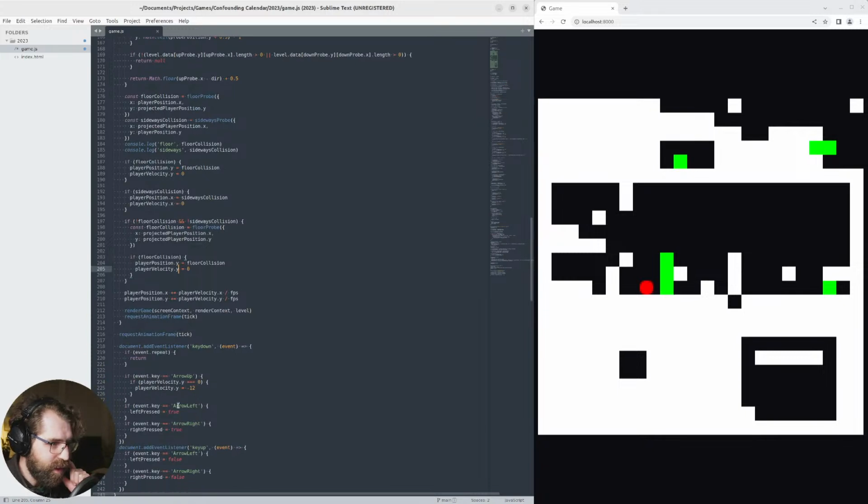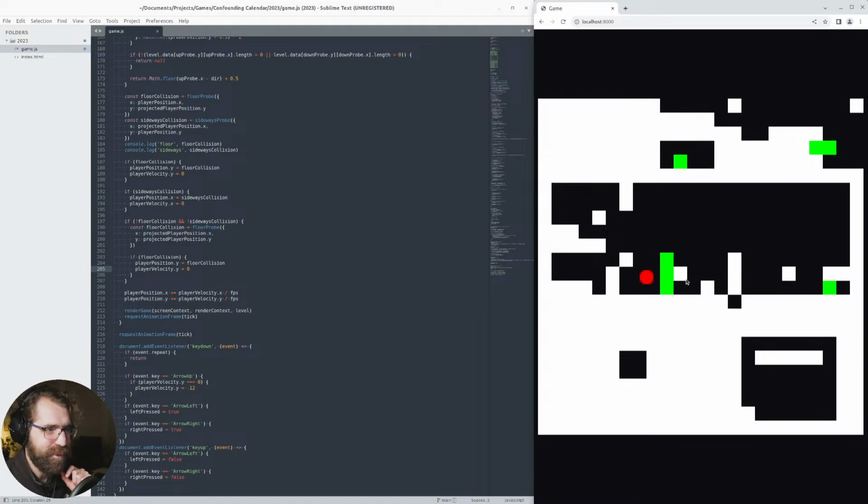And where do I do that? So currently jumping basically just checks if I'm at velocity 0, which would also mean I'm on the ground. Not necessarily, I could be at the peak of my jump. It's probably not possible because there's probably not a point where I'm exactly at 0. But yeah, I shouldn't do it based on velocity because at the peak of my jump, my velocity is 0.